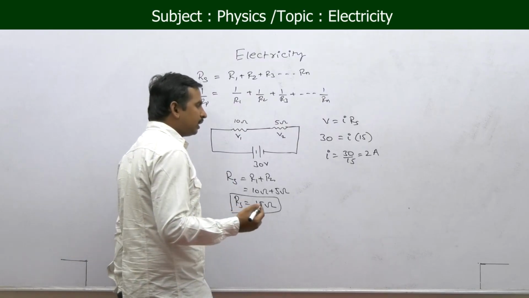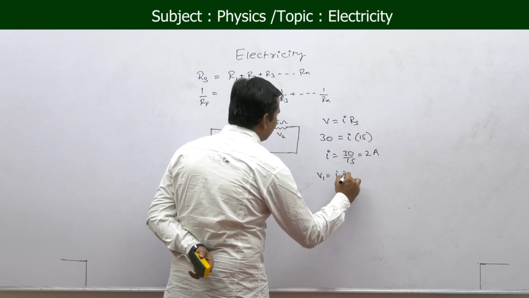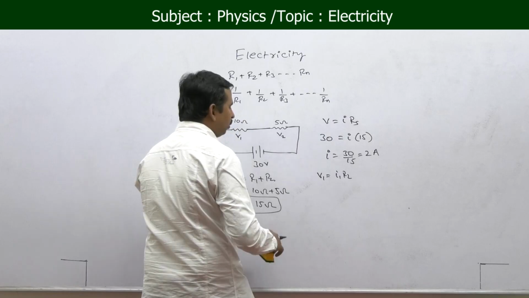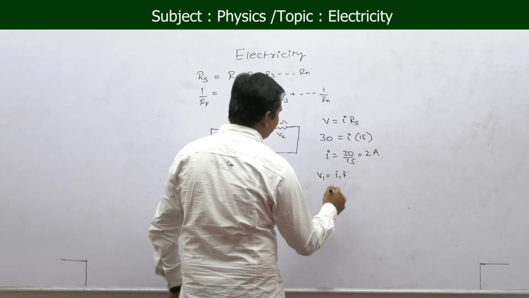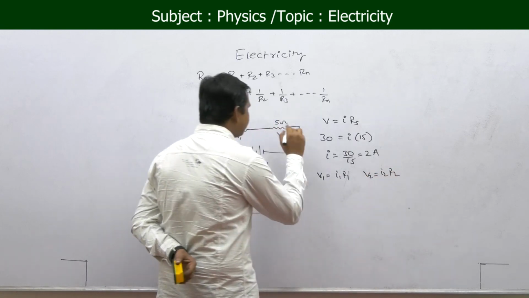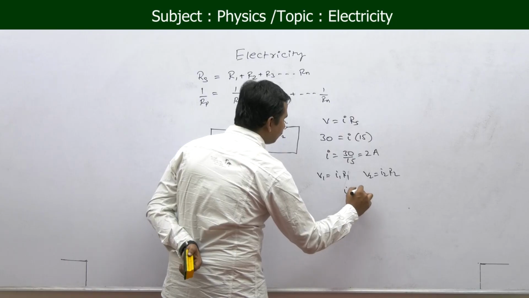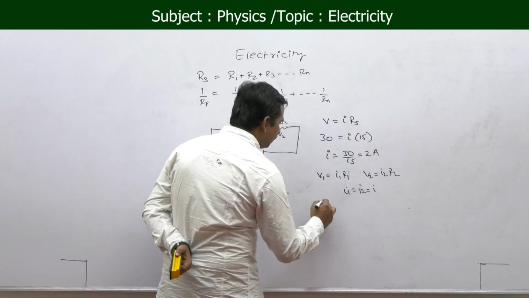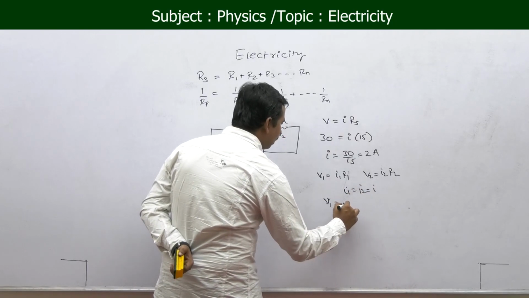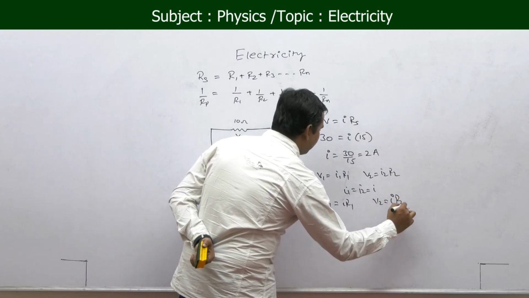We know that V1 is equal to I1 R1 and V2 is equal to I2 R2. As this is a series connection, I1 is equal to I2. So as I1 equals I2 equals I, V1 is equal to I R1 and V2 is equal to I R2.